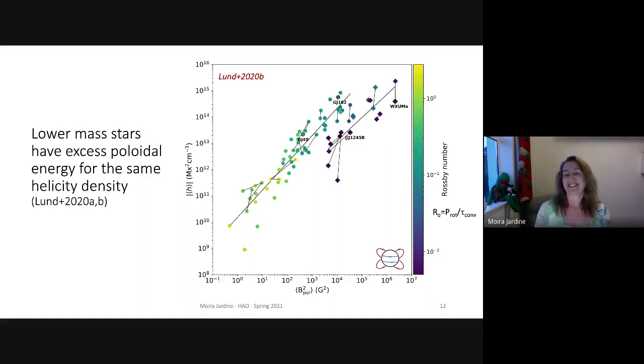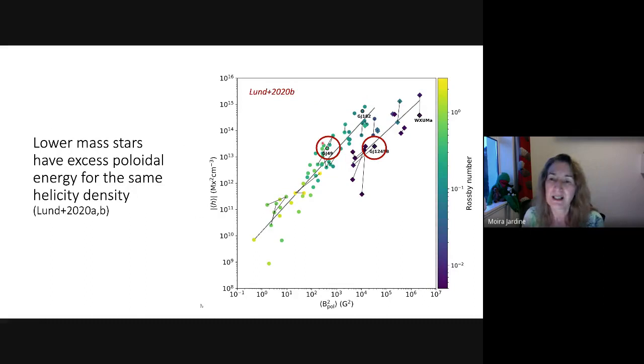Now, that's interesting. So in order to try to understand this, we really need to look at how the magnetic field is structured. So let's pick two examples. Let's take this star here, which is on the higher mass branch, and this star here on the lower mass branch. Now, one of the things that separates these two branches is probably the nature of the dynamo.